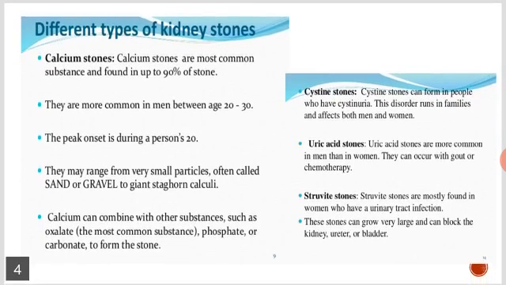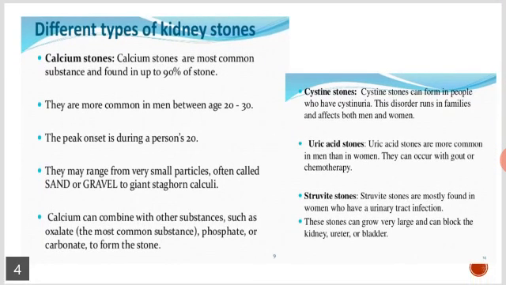As a result, urate ion is formed and that binds with the sodium, forming monosodium urate that crystallizes to form uric acid stone. And this is due to increased consumption of purine-rich food like lobster and so on.